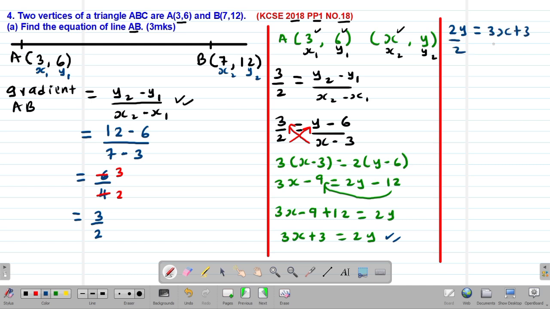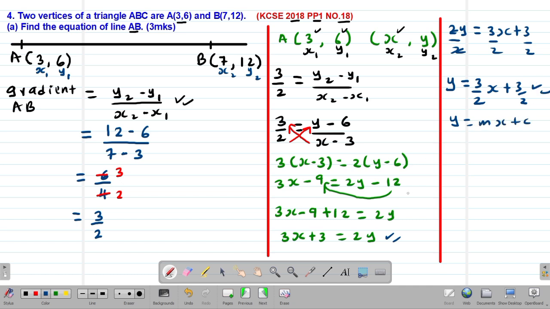Then I divide through by 2, and the 2 and 2 cancel out, so the equation is y equals 3/2 x plus 3/2. This is the equation for the line AB, expressed in the general form y equals mx plus c.